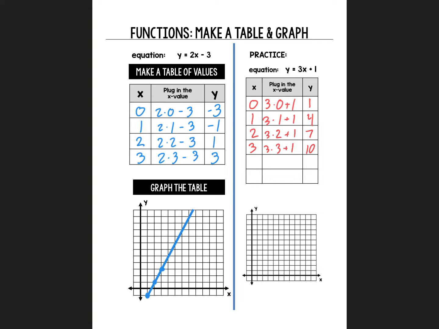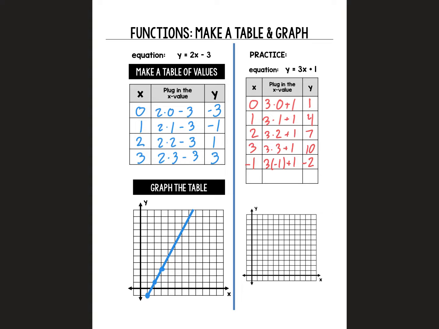Now you may ask, would it be possible to plug in a negative number? Well, let's try it. Negative 1 will give us 3 times negative 1, which is negative 3, plus 1 is negative 2. So you can plug in negative numbers. What about fractions or decimals?